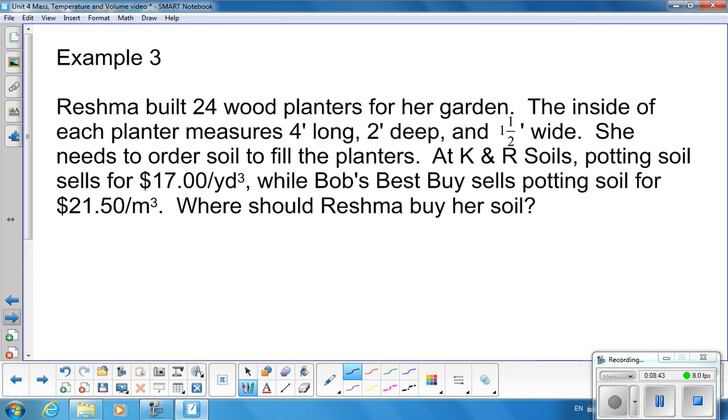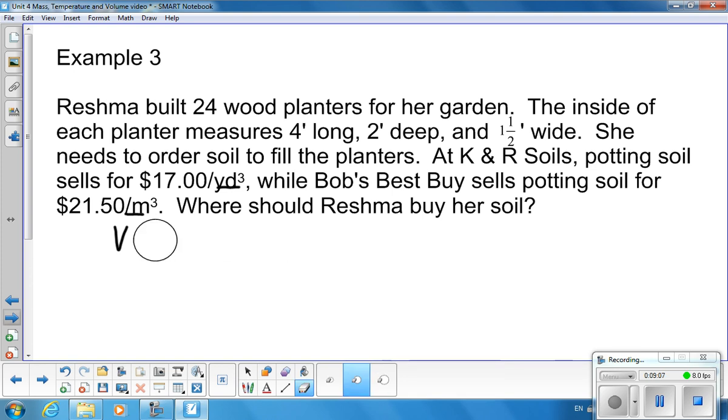So let's look at how much soil she needs first. So the total volume that she needs is 4 feet by 2 feet times 1.5. Sorry, those are in feet, and both of our measurements are in different units. So let's do some conversions first.